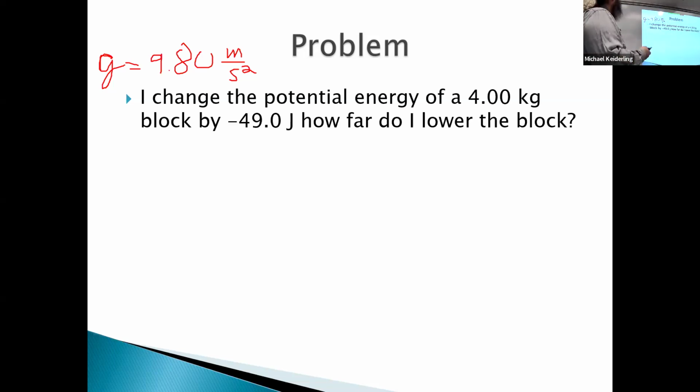So here we have a block with a mass of 4 kilograms. We want to reduce its potential energy by 49 joules. We want to subtract 49 joules from its potential energy.